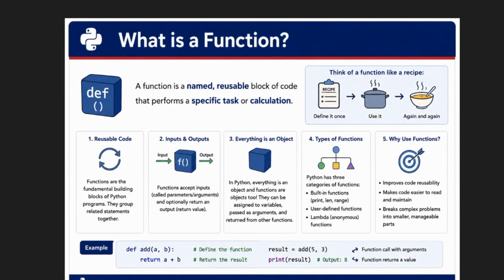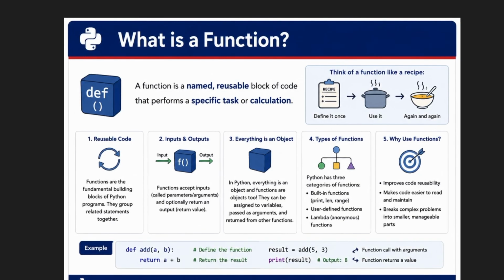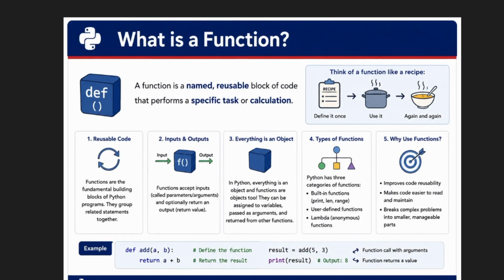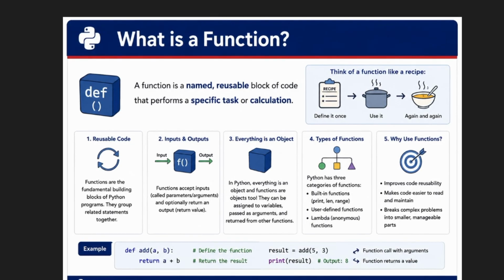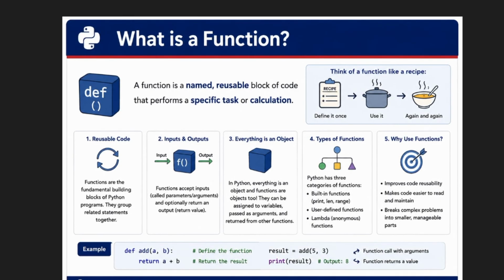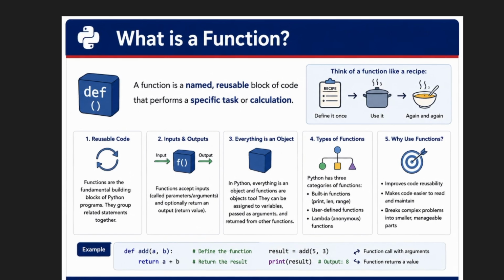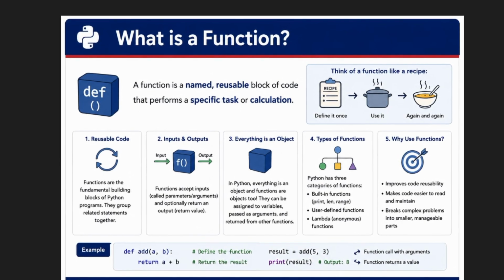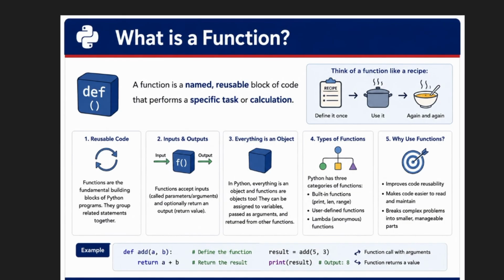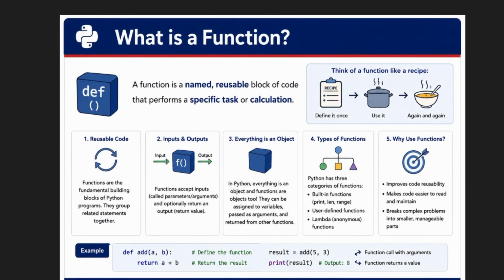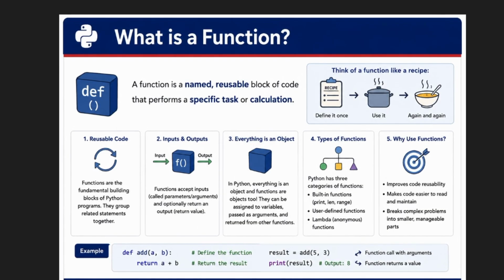So when you print out the result of this, you'll find that you have your output being 8. So it has actually been able to perform the computation of the 5 and the 3, giving us the sum as 8. So this is literally the function.